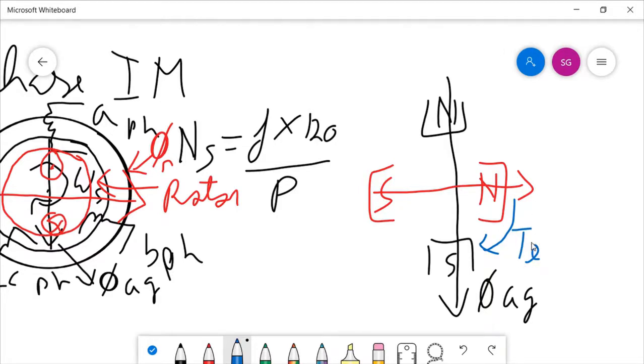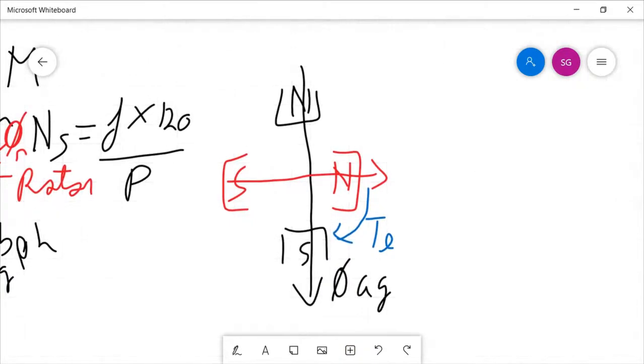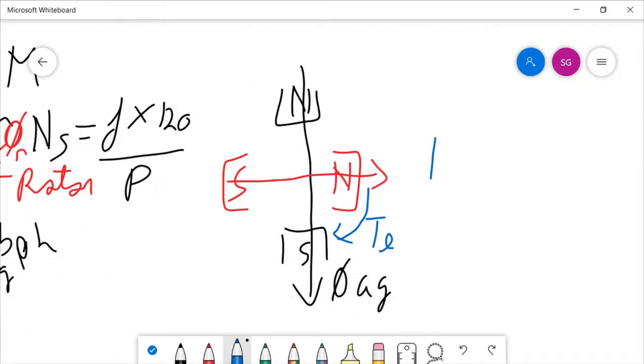Now we can see that there is a 90-degree angle between these two. So if you go on to the fundamentals, as we have studied in the DC motor as well, electromagnetic torque is directly proportional to your main flux.